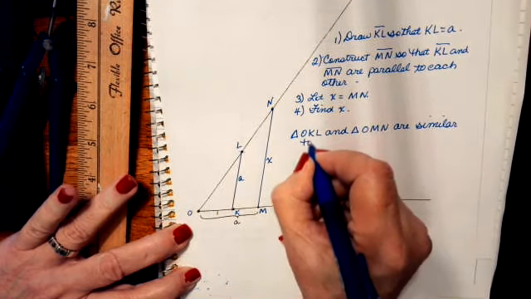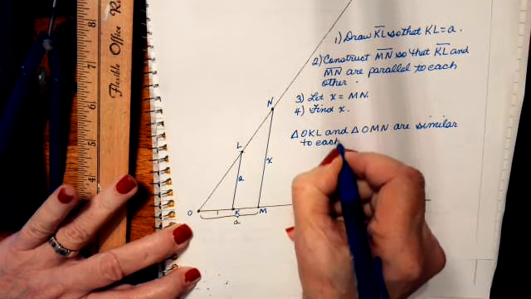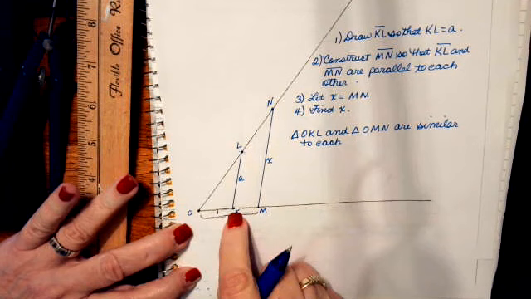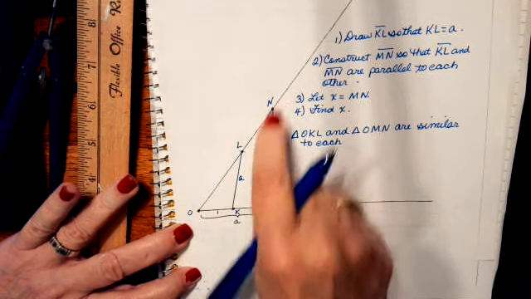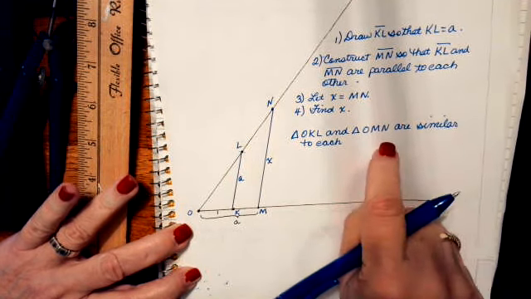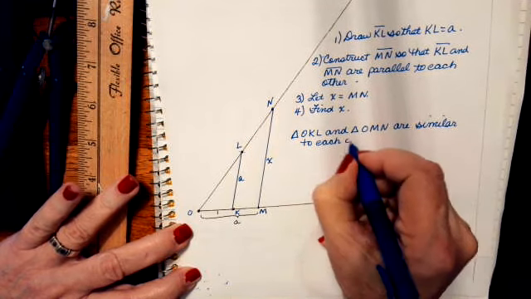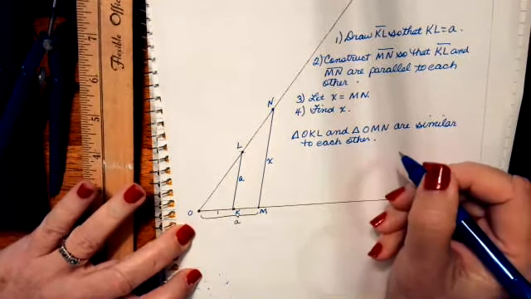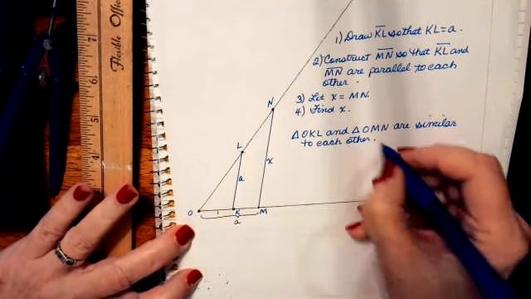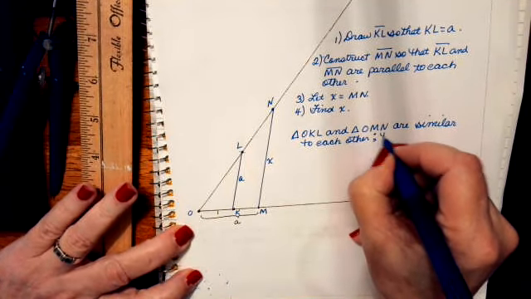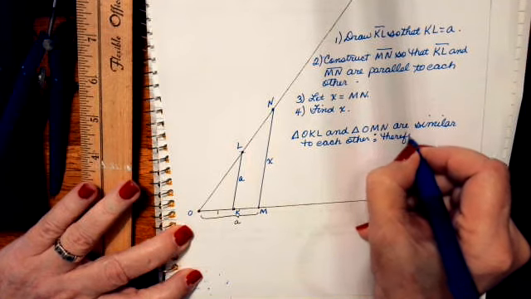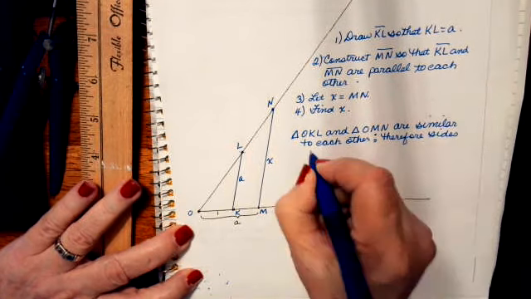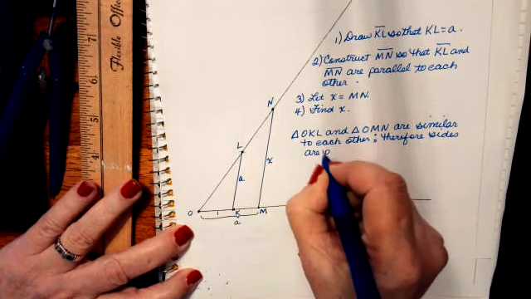Now notice I was really careful when I wrote down those letters to make sure that O corresponds with O, K corresponds with M, and L corresponds with N. Got to make sure all that's lined up. They are similar to each other. Therefore, sides are proportional.